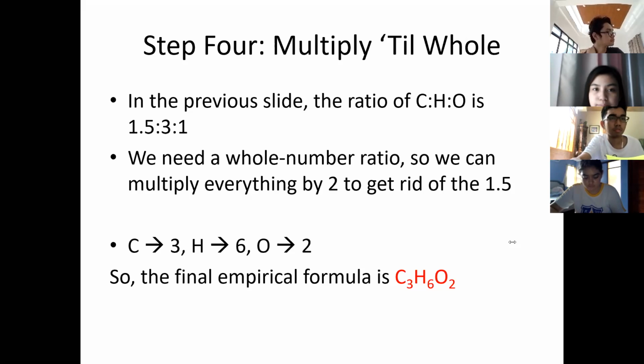Even if it takes a very long solution to come up with a value to be multiplied until it becomes a whole number, go on with your solution. Any other concerns? We will have an example. If that comes out, we'll answer it then.